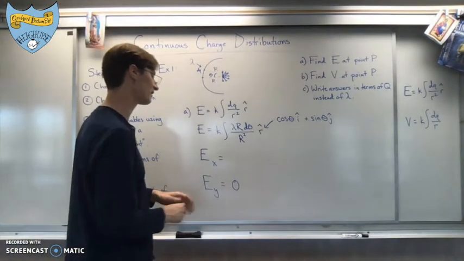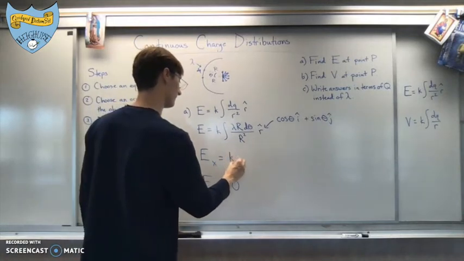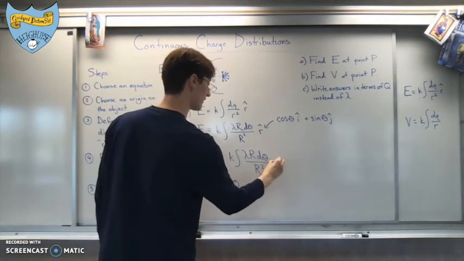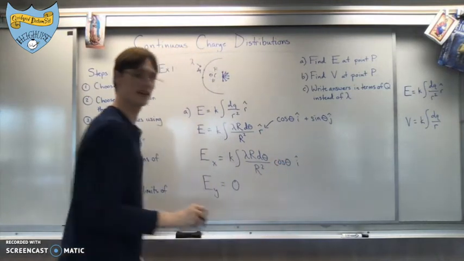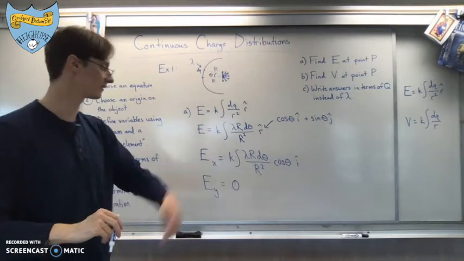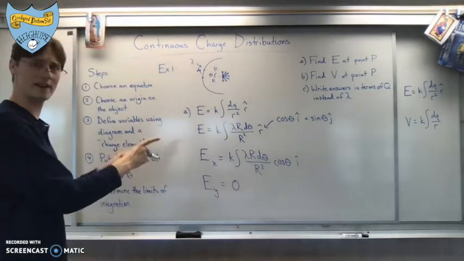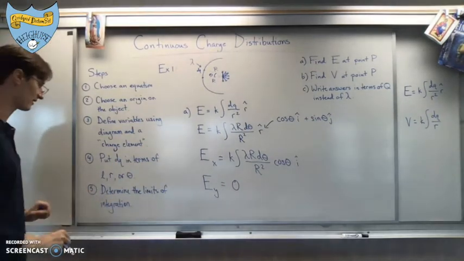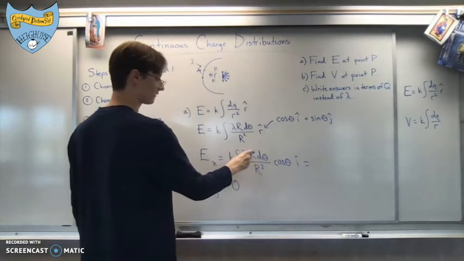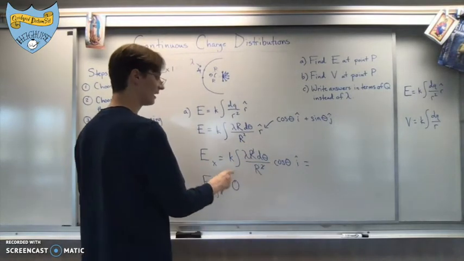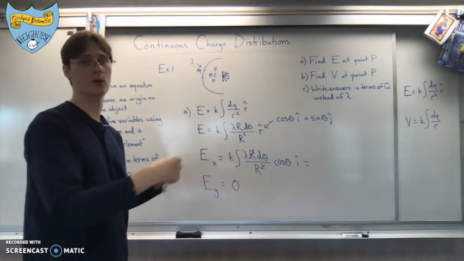All right, which means now I write my integral as cosine theta i hat, if I like. The i hat won't really do anything. It'll just be in our answer. All right, now we can simplify that, and then I'll go ahead and worry about step 5. So simplifying things a little bit, you can see that one of the r's will cancel, and lambda and r are both constants.